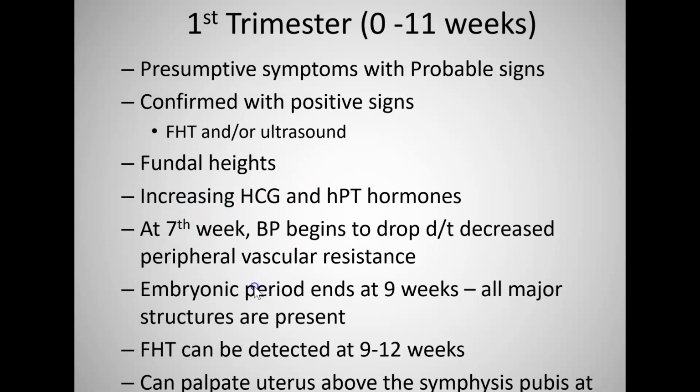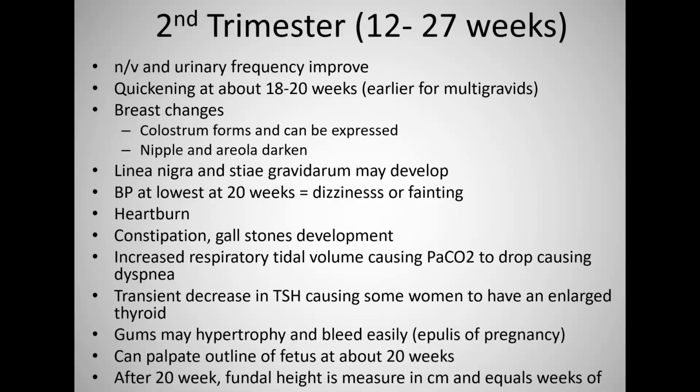You want to have the increase in human chorionic gonadotropin and progesterone levels of the hormones. At the 7th week, the blood pressure usually begins to drop because there's peripheral vascular resistance. And then the embryonic period ends at 9 weeks. The fetal heart tone can be detected at 9 to 12 weeks, and you can palpate the uterus above the symphysis pubis at 12 weeks.